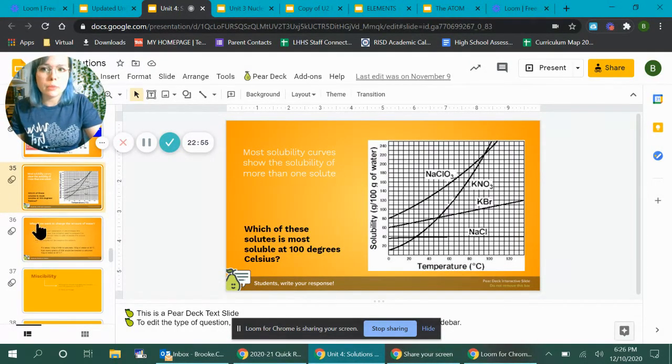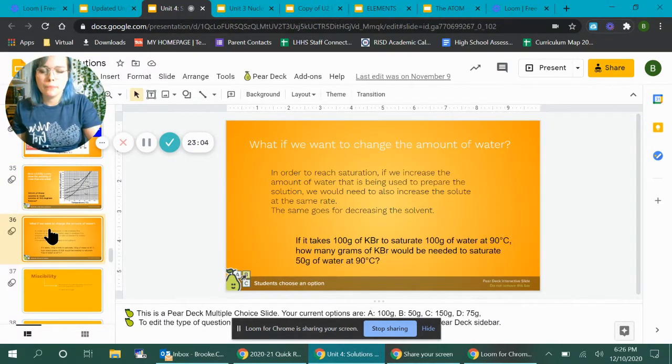I went through some examples for this in the other video where I talk about the review, and I will also have this on the review for the semester, so I'm not going to worry about it right now. Remember, if you're changing the amount of solvent or water, you have to keep the ratio the same. So you have to change the amount of solute as well, because otherwise it will just sit at the bottom.